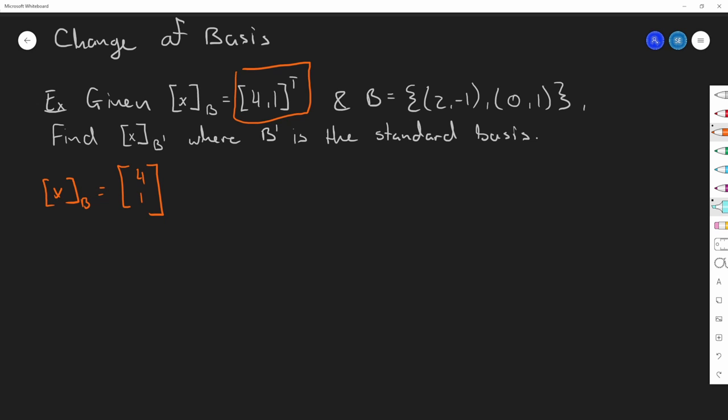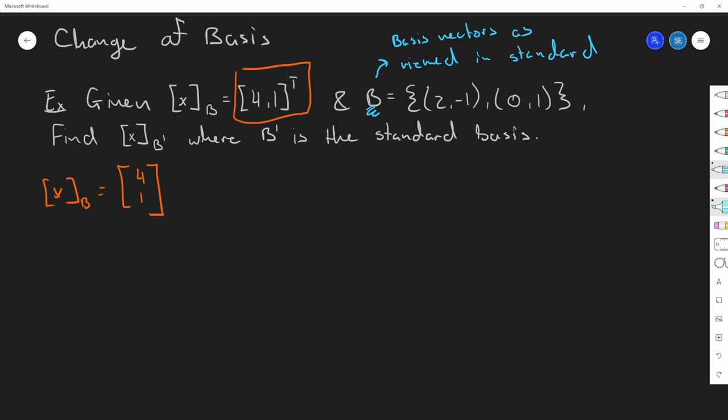And the basis B that we're given is something we can use. This basis B is basically telling us the basis vectors as viewed in the standard basis.